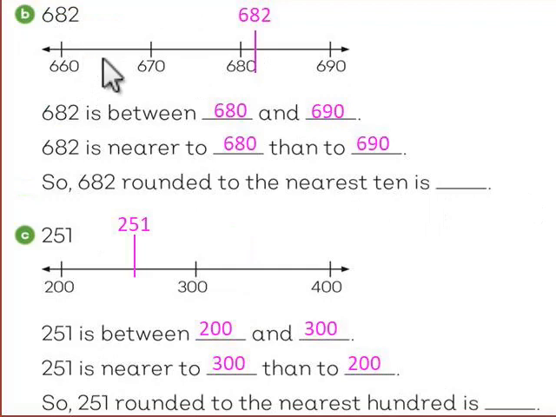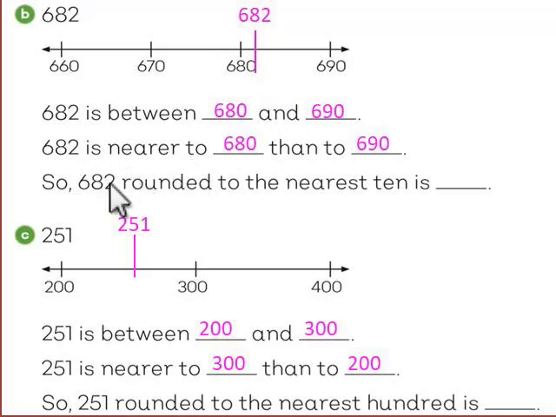Next, B, 682. 682 is between 680 and 690. 682 is near to 680 than 690.